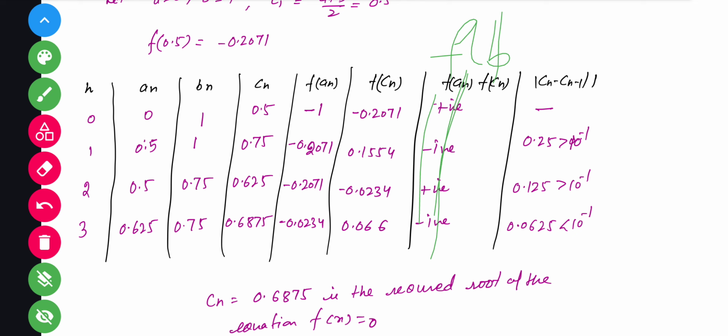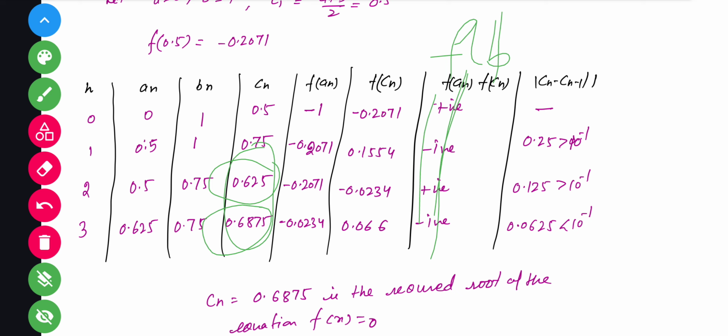We are getting the midpoint here. You can see this is C1 and this is Cn minus 1, the midpoint of the current iteration and the previous iteration.